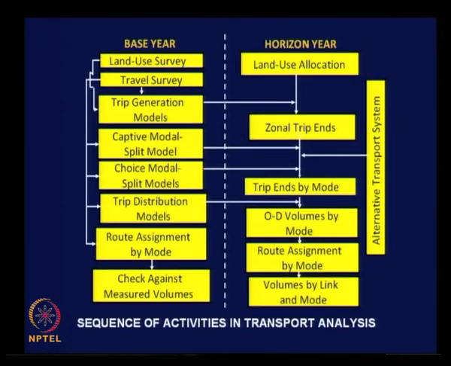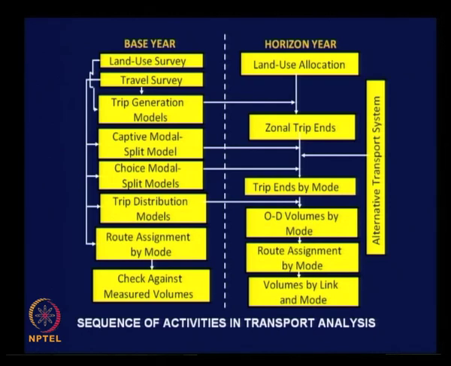There is no distinct calibration procedure for assignment models, please understand. It is only comparison of the actual field observed data with the result that you get through the assignment process. Clear? Compare both, and if they are matching satisfactorily, you stop.